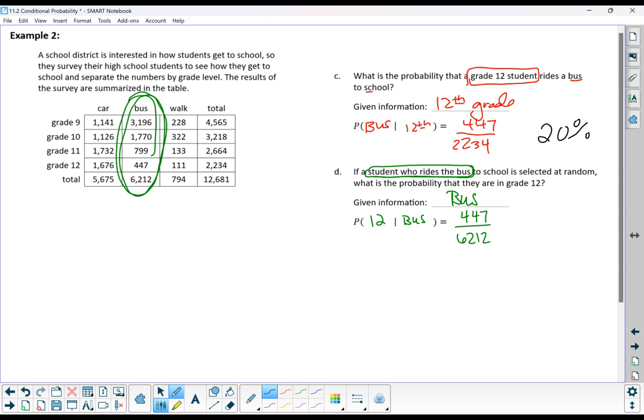But if instead, in part D, I'm thinking about all of the students who ride the bus, this is only 7%. 7% of the students who ride the bus are seniors. So, that order of the conditional probability matters. It can make a pretty big difference in your answers.